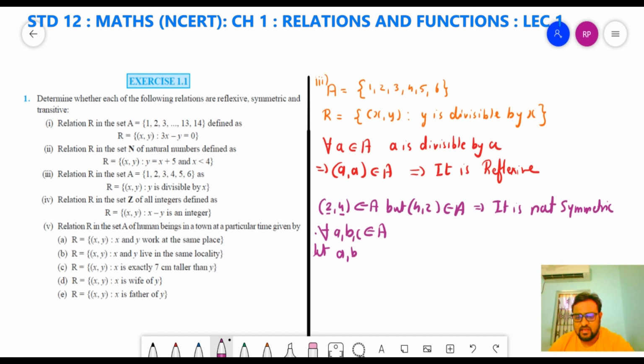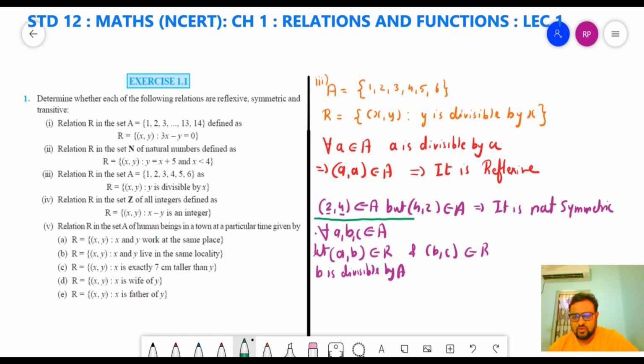a, b and c. (a, b) belongs to R and (b, c) belongs to R. Clear? So what does this mean? b is divisible by a, and (b, c) belongs to R, that means c is divisible by b.